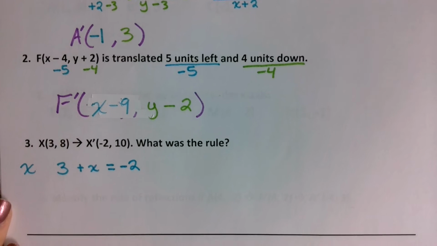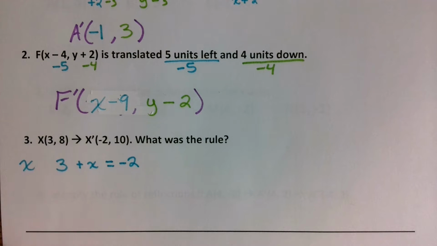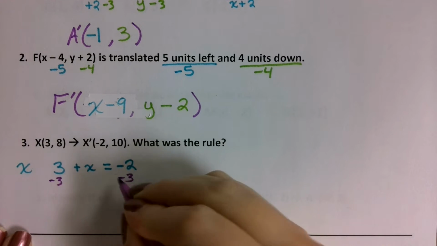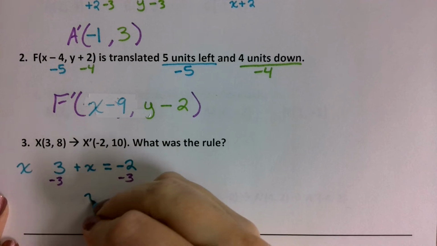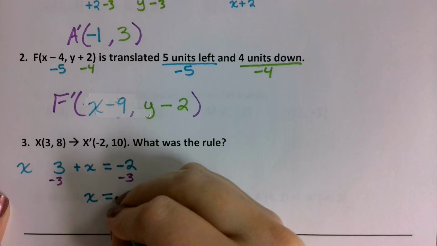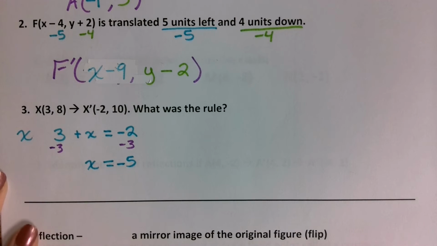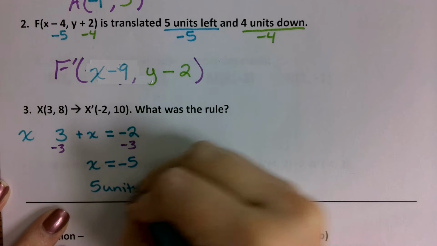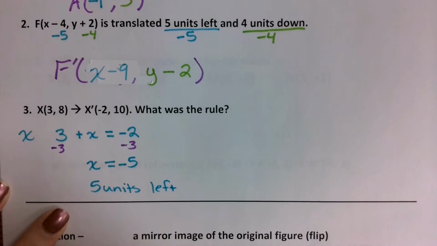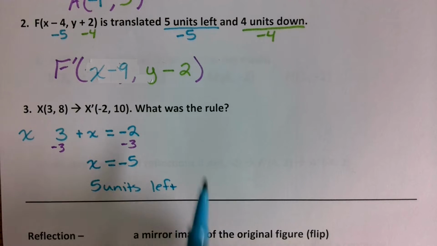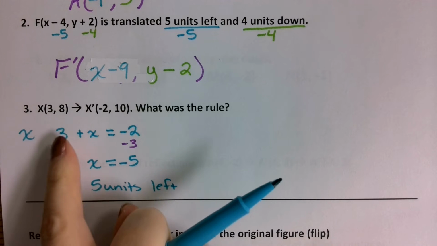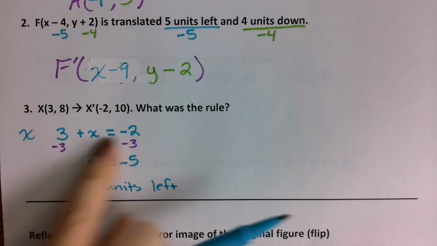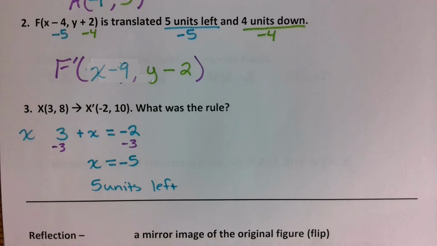We want to know what that x value is going to be. So all we have to do is subtract 3 from both sides, and we'll find that the x translation is negative 5. So that means that we moved 5 units to the left, because the amount of change that went from starting at 3 and ending at negative 2 was moving backwards 5 units, or left 5 units.